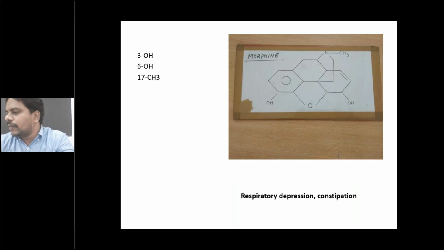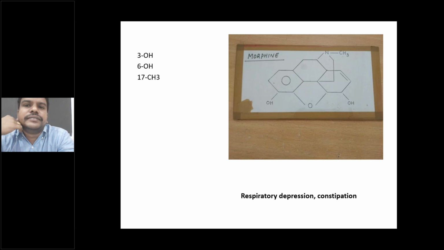Then morphine. Morphine is which group of drug? In which system will it come? No one is reading. No one is answering. Opioid. Opioid analgesics. Very good.